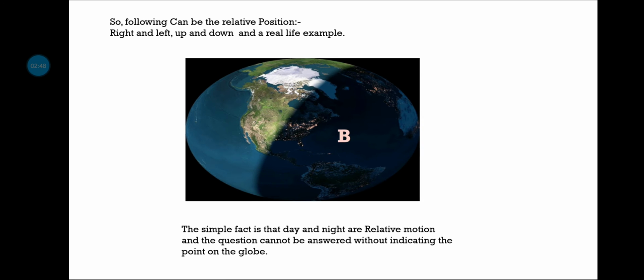Following can be the relative position also, like right and left, up and down, and a real life example. Let's understand it by taking a real life example. Suppose you are given a globe of earth and you have been told to identify the area which is day and which is night. So obviously you will indicate with your index finger. But if you have to indicate on paper, you will simply put some points on it.